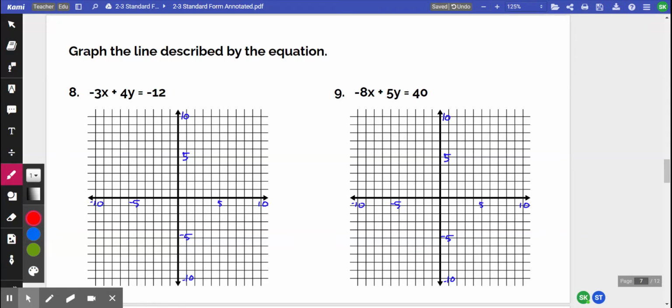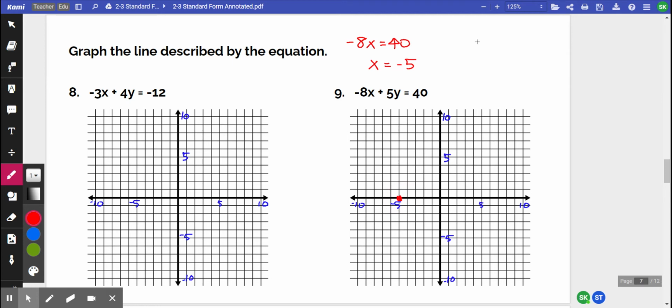Last time we talked about how you can graph a line from a standard form equation. So basically, for something like number 9, I can plug in 0 for the y value in order to solve for the x-intercept. In this case, it would be x equals -5.